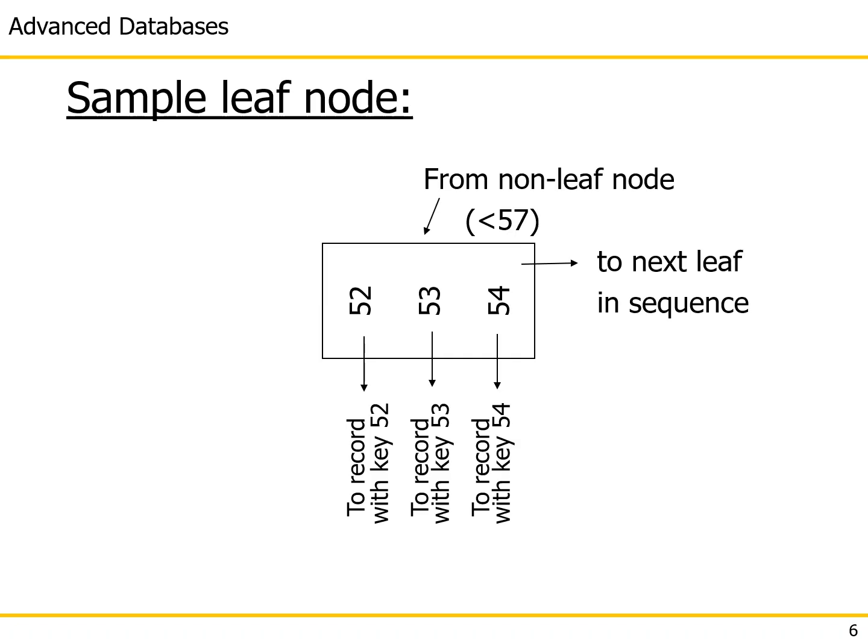It will consist of a number of values, and each value has an associated reference, which is basically where that row is: which page, and which row in the page. Now, what are these values? 52, 53, 54. I initially got them from the column I am building the index on. So these values must appear in the column.